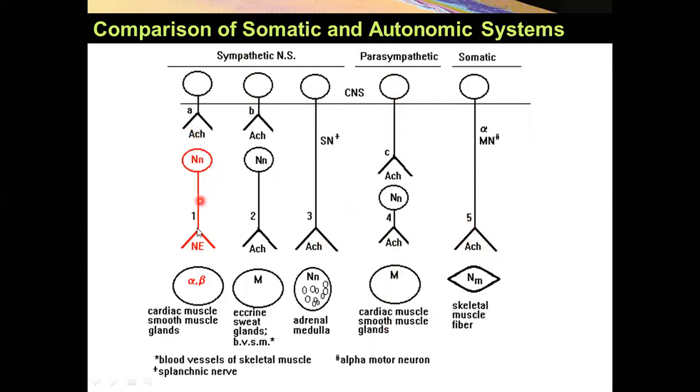But post-ganglionic sympathetics release norepinephrine, or noradrenaline, epinephrine, and adrenaline. But there is an exception to this rule. Post-ganglionic sympathetics innervating the eccrine sweat glands also release acetylcholine.